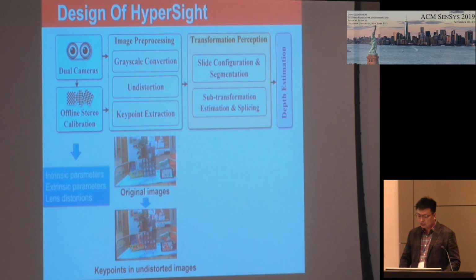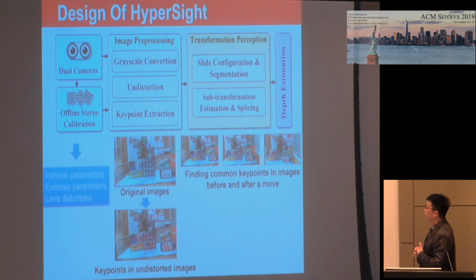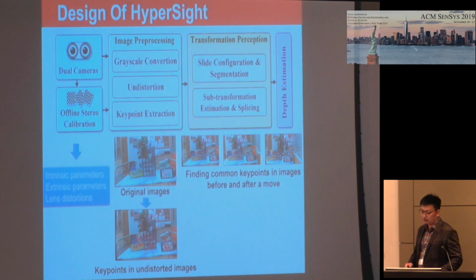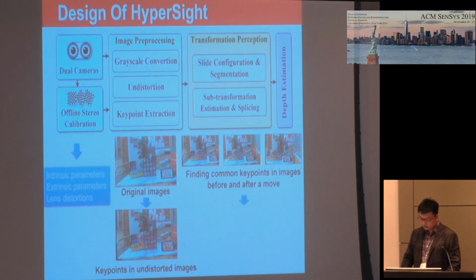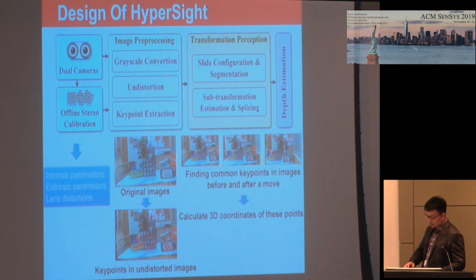Okay. And then we do transformation estimation. We try to estimate how the phone is moved in the air. So we find common key points or feature points in images before and after the move. Then we use those common key points to calculate the 3D coordinates of these points.